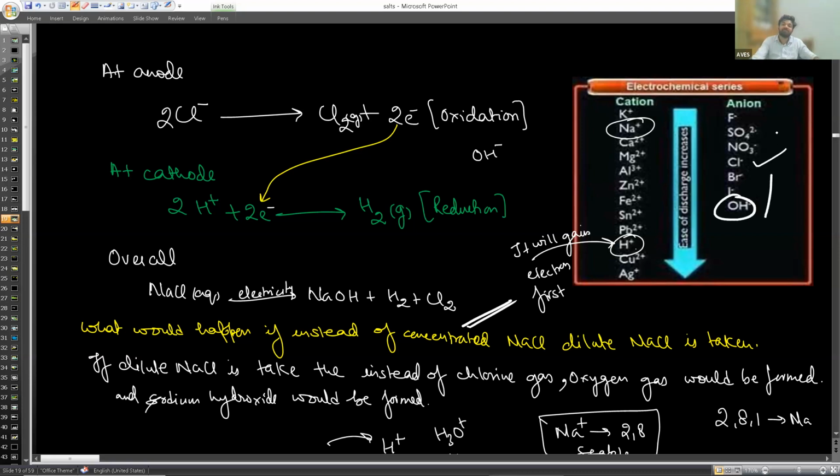This series reverses in terms of gaining: this will be the first to gain, and this will be the last. So hydrogen comes first to gain the electron. Got it? And in terms of losing, the series is like this.